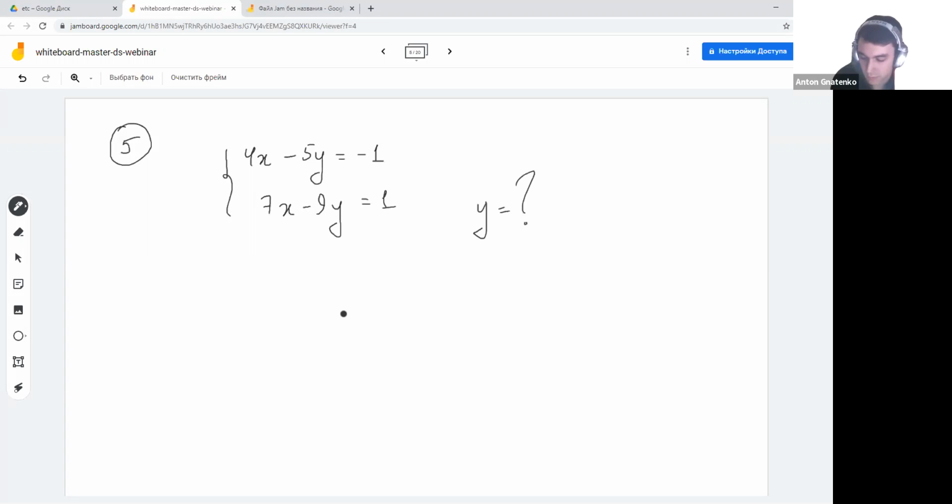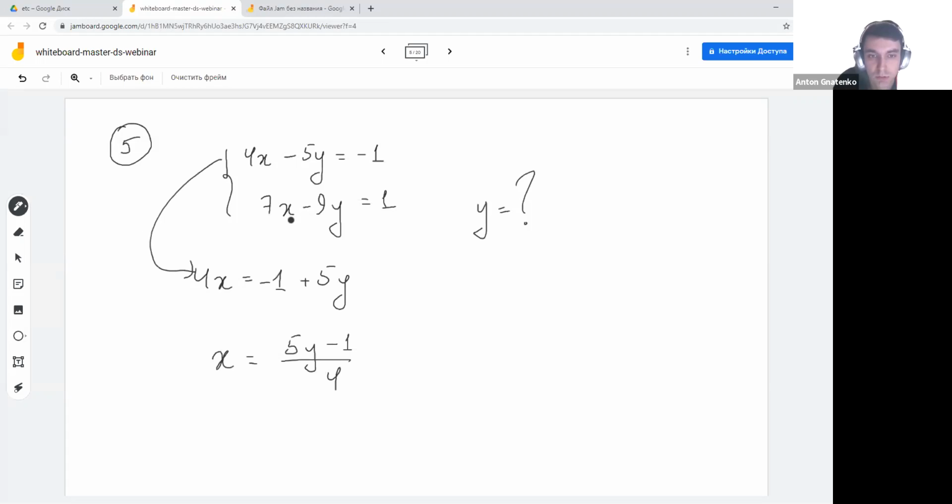So let's find it. I'll just go like they do in high school. From the first equation, I move this term over the equals sign and get this. Then I divide by 4 and get this.